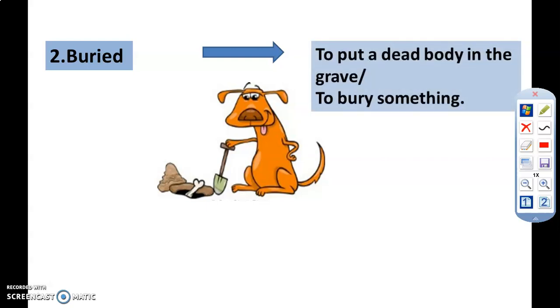So to bury something means, for example, to put a dead body in the grave. You know, when a person dies, they put his body in the grave. So that is bury. Or you bury something. Look at the picture here. For example, the dog buried his bone.